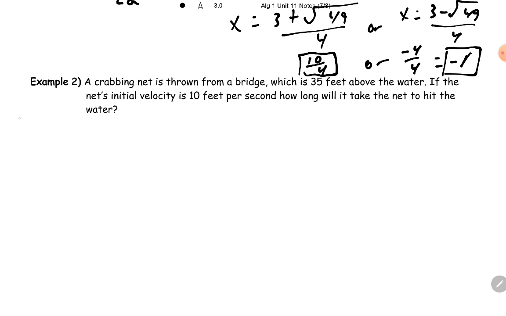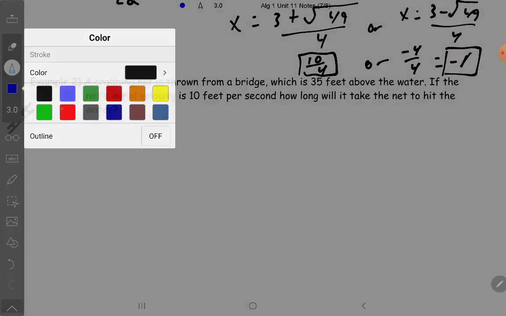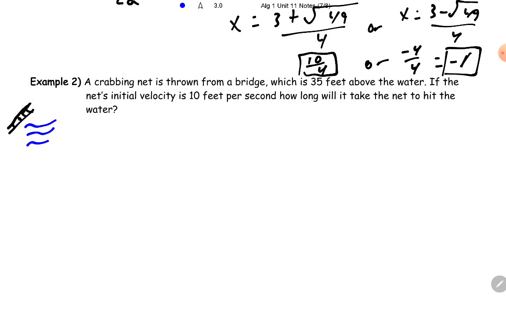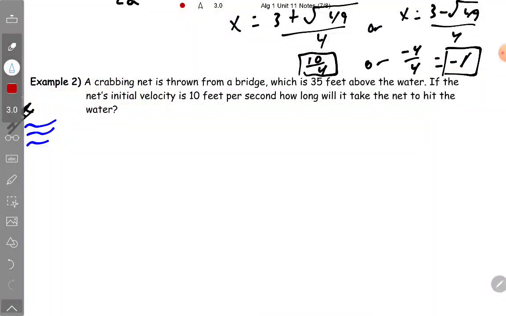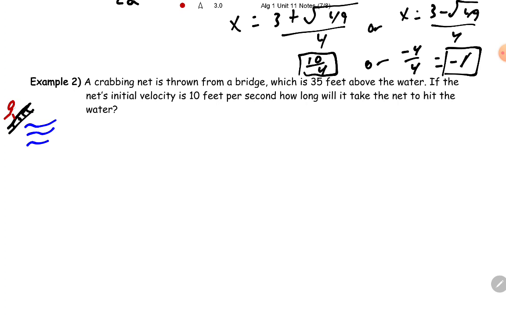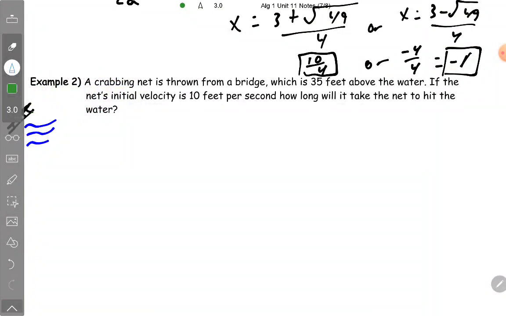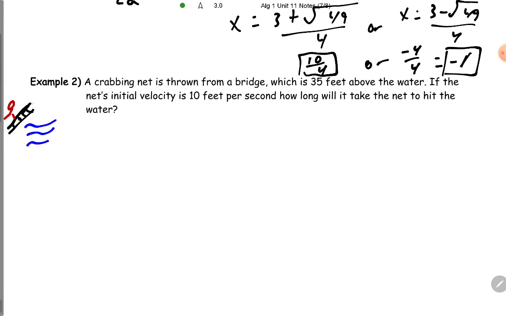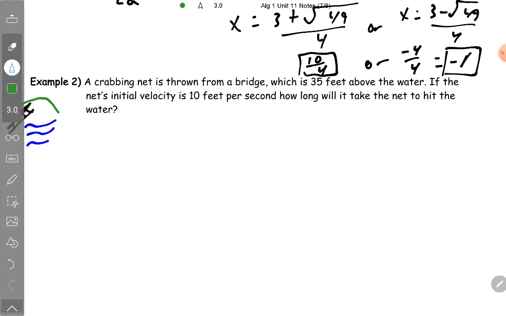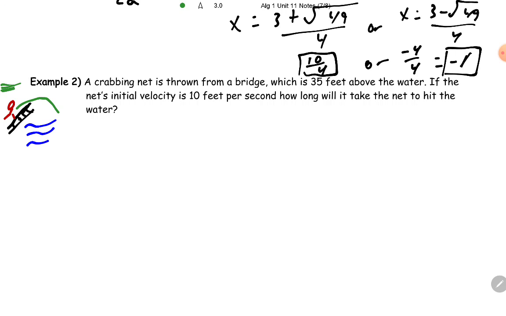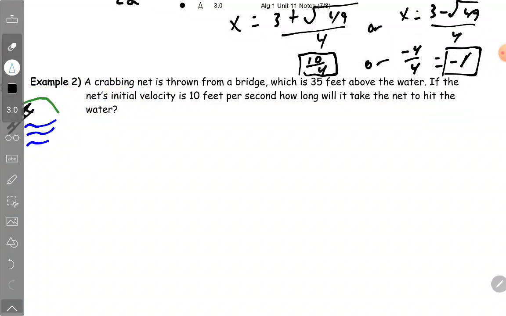So I'll draw a bridge, with some railing, and then there's water here, and then there's the guy throwing a crabbing net. Well, anyways.